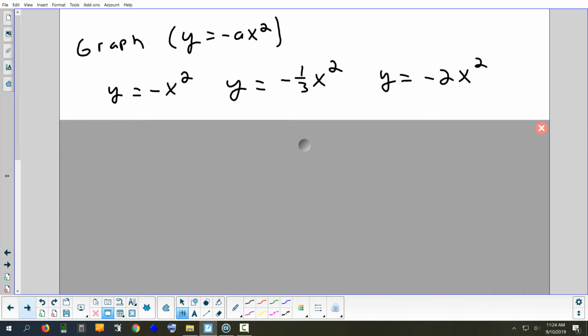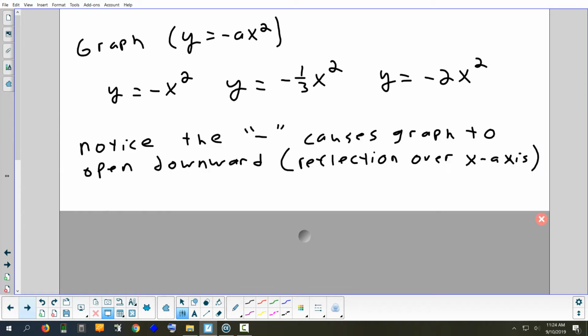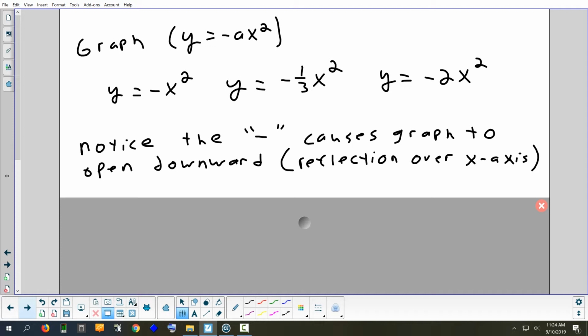Now, maybe I don't even need to draw this, but what happened when we put a negative in front? It flipped over the x-axis. So the negative causes the graph to reflect over the x-axis. And that is true for any function we ever study.